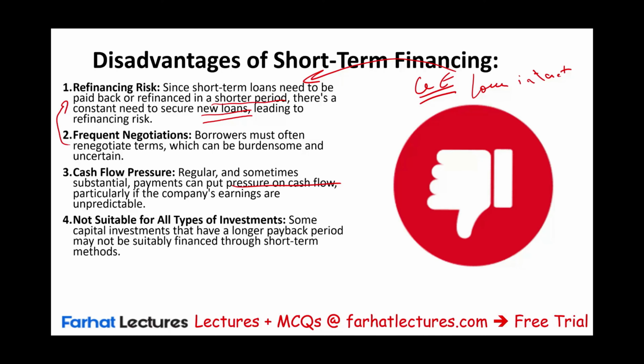And it's not suitable for all types of investments. As I told you, for example, when GE was doing this, they were using short-term borrowing to finance their long-term project. So they constantly needed frequent negotiation and refinancing, and at some point the liquidity market froze and they could not refinance. So some capital investments that have longer payback periods may not be suitable for short-term debt.